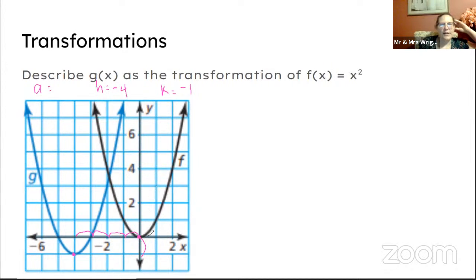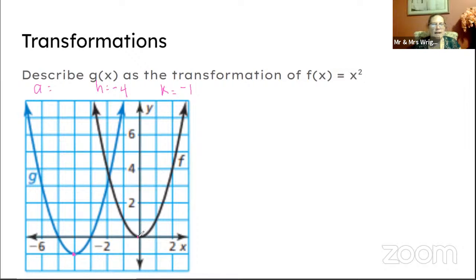Now that brings us to a stretching and a compression. It gets a little bit more complicated here to see the stretching and the compression. But the easiest way to identify if something is stretched or compressed is by looking at where it is on the original in relation to the vertex, and where you can find points on the transformed graph in relation to the vertex.